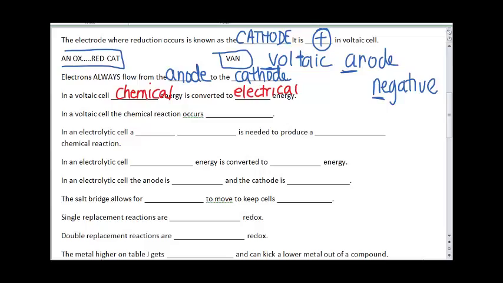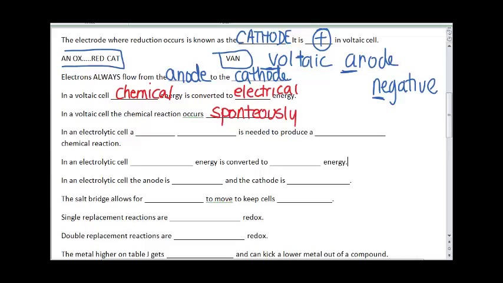The reaction that occurs in a voltaic cell occurs spontaneously, meaning you don't have to put any energy in, it just happens. Like if your cell phone's not plugged in right now, you're running off a voltaic cell. There's a chemical reaction happening inside here that is producing electrical energy that you're using to power your cell phone.